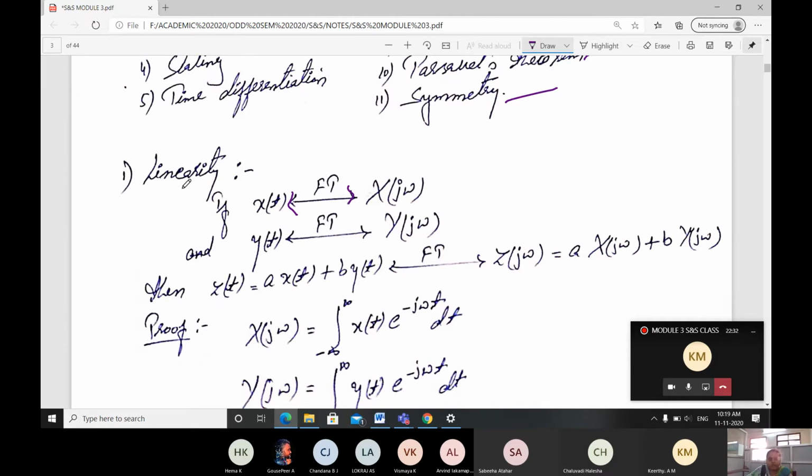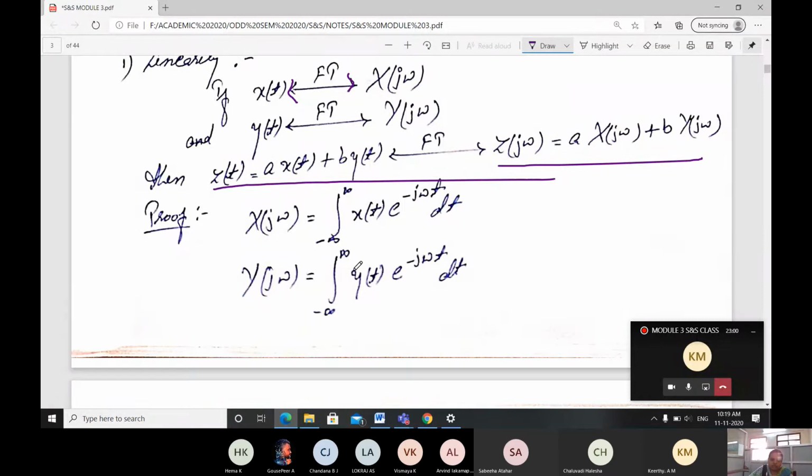Then what is the linearity property? z of t is equal to a x of t plus b y of t. If I apply the transform, I would get Z of j omega is equal to a into X of j omega plus b into Y of j omega. This is the linearity property.